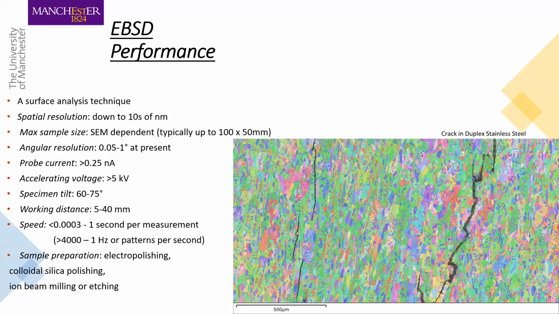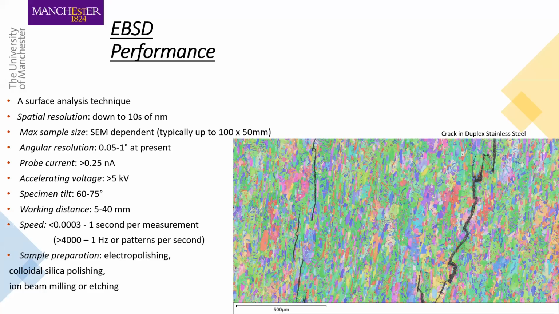Angular resolution is in general about 1 degree for general EBSD work, but this can be pushed down to 0.05 of a degree using modern band detection routines in the software, and also beyond, using image correlation. And then we need some probe current, of course, to get some signal, and this is typically a lowest of a quarter of a nanoamp. Usually below that, the phosphor screens aren't efficient enough.